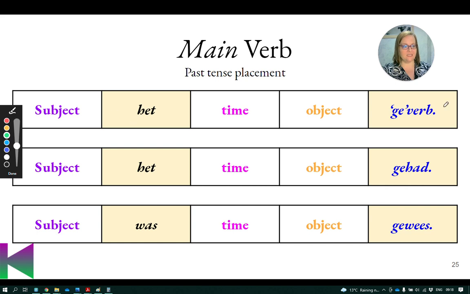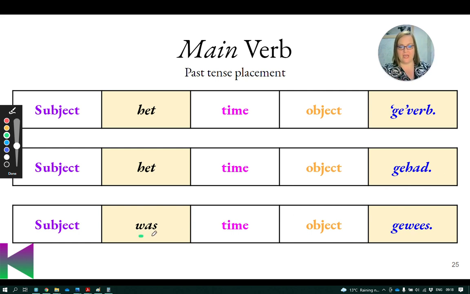Main verb het plus ge verb, and the only exception here, do you remember? It's those verbs that have the prefix ont, her, ge, ver, those prefixes. Okay, your next rule, if you have het as in have as your verb in present tense, ek het 'n kar, I have a car, you have gehad as your past tense word at the end of the sentence.